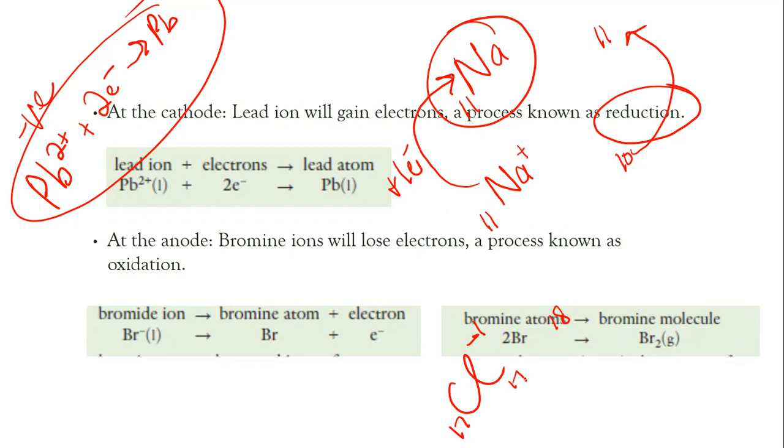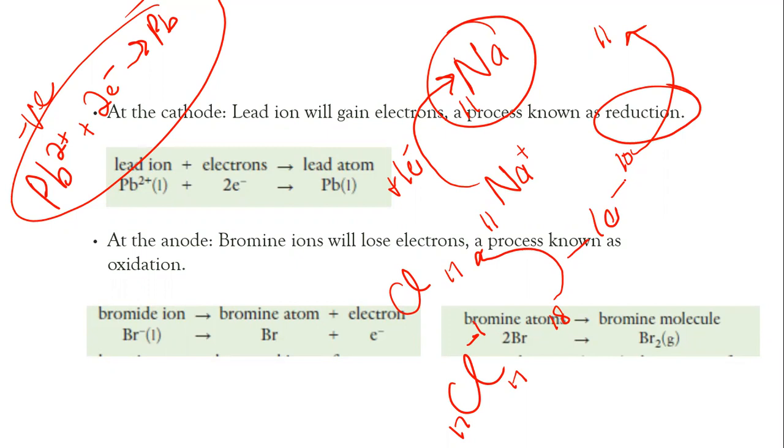So it's -1. Now, what is going to happen is that if this chlorine wants to return back to 17, if it wants to go back from an ion to an atom, it needs to lose that electron. It has to get rid of that electron so it can go back to being an atom. This is known as oxidation.